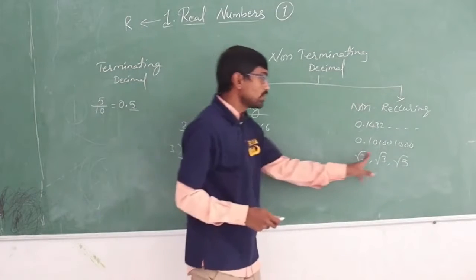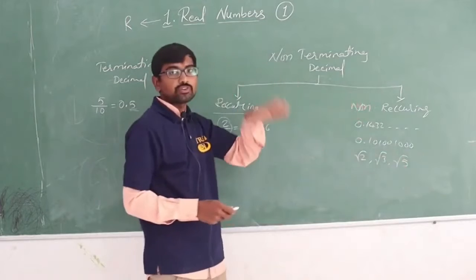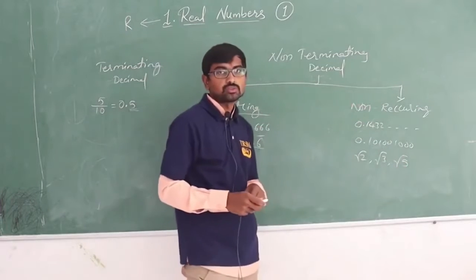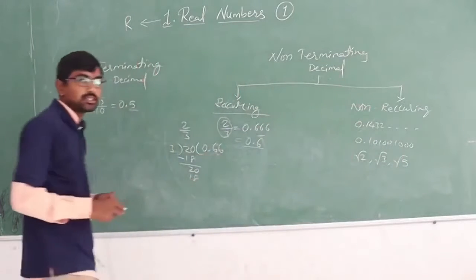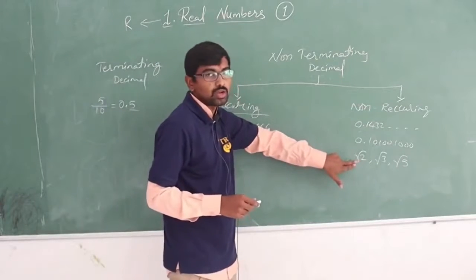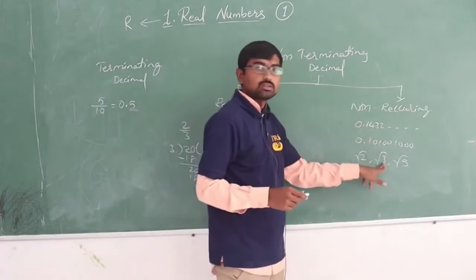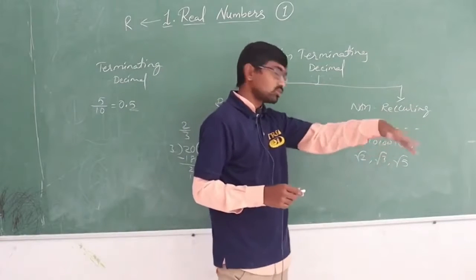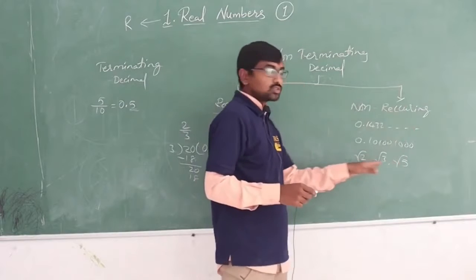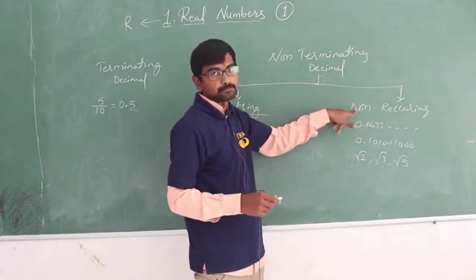We have different methods for finding the root values, which we discussed in 8th class, isn't it? If we find the root 2 value, we will get 1.4132, and so on. Here also 1.732, and so on. Here the digits are not repeating, so they are non-recurring.